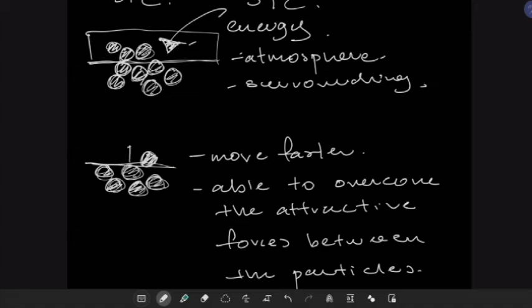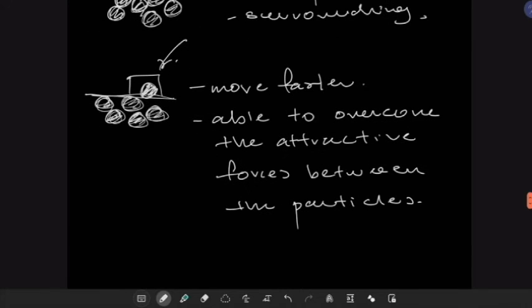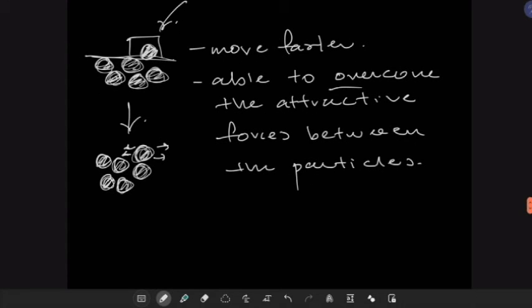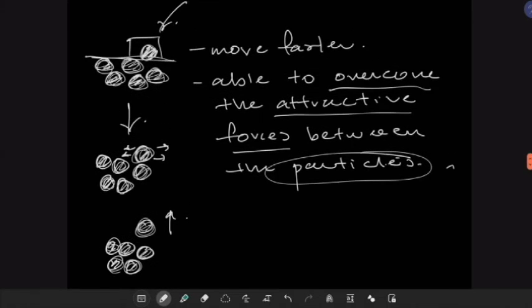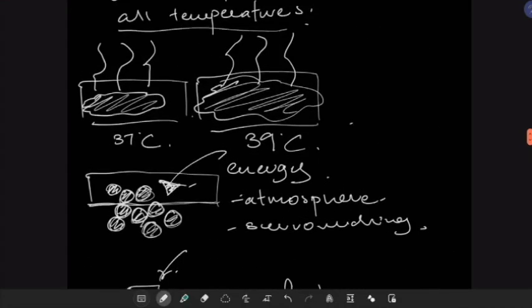Once it gains enough energy, the surface particle, which is this one in this case, will gain energy, and the next thing will be that it is moving faster. So this is just a small note to show that it is moving faster. Once it moves fast enough to overcome the attractive forces between the particles, it will break off and leave through the surface of the water into the air as a gas molecule or particle.